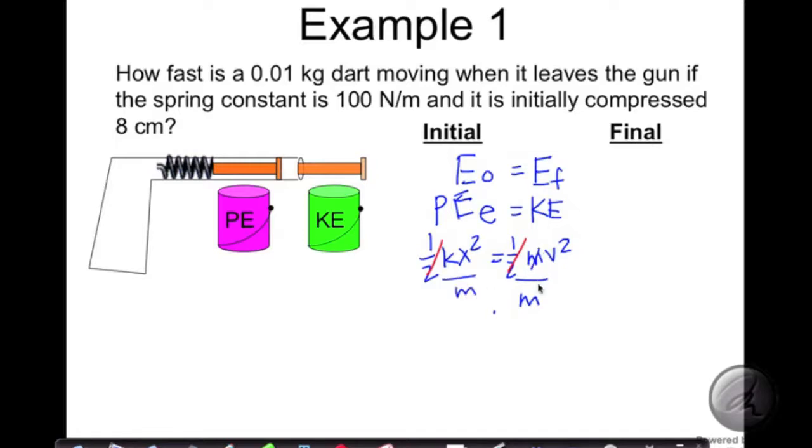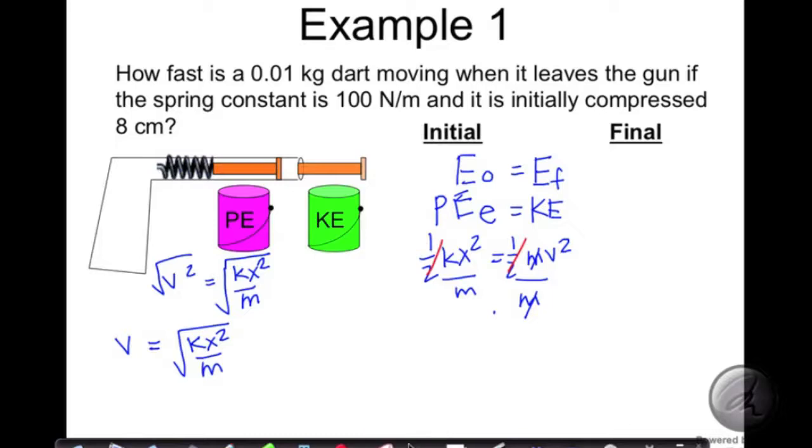The m on the right hand side will cancel, leaving us with v squared equals kx squared over m. Well, we want the square root of this because we only want one v, so let's take the square root of both sides. We get velocity equals the square root of kx squared over m.